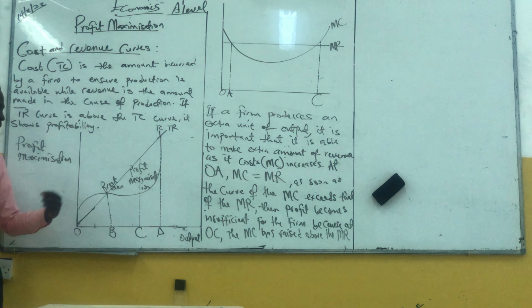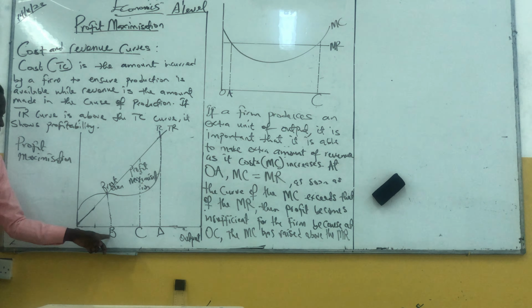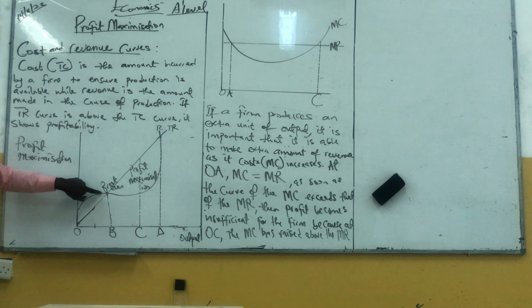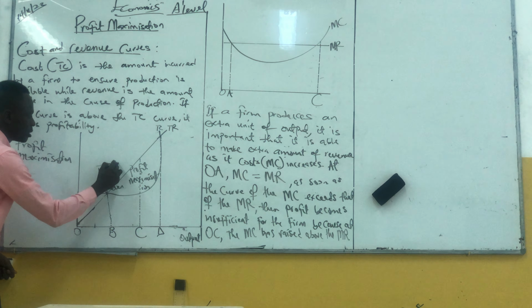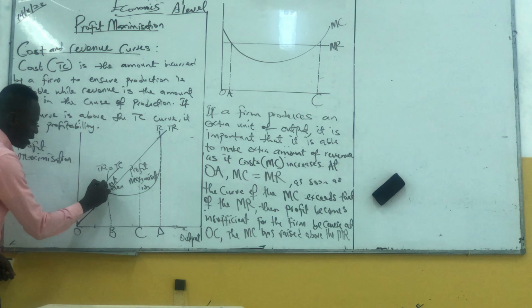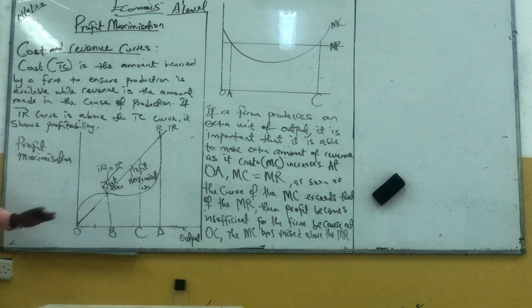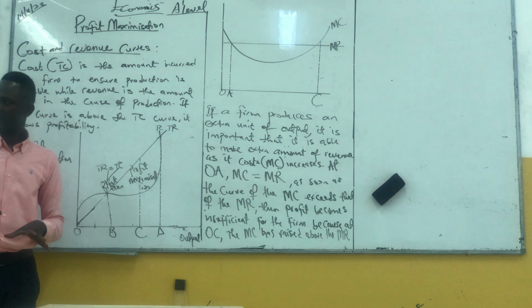Let's look at the graph here. At OB, the cost and the total revenue curves meet at this point. That means the total revenue equals the total cost, so the firm is not making a loss nor a profit. The firm has broken even. Do you get that?